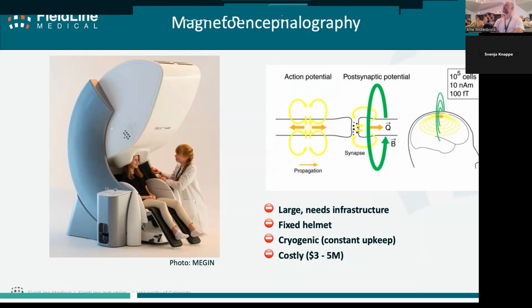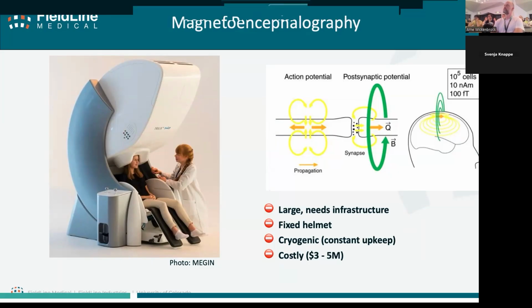We have action potentials, and they create currents inside your brain, and the current creates a magnetic field around it. We can pick up that magnetic field on the outside of the scalp, all over the head, and then reconstruct where the activity is coming from.